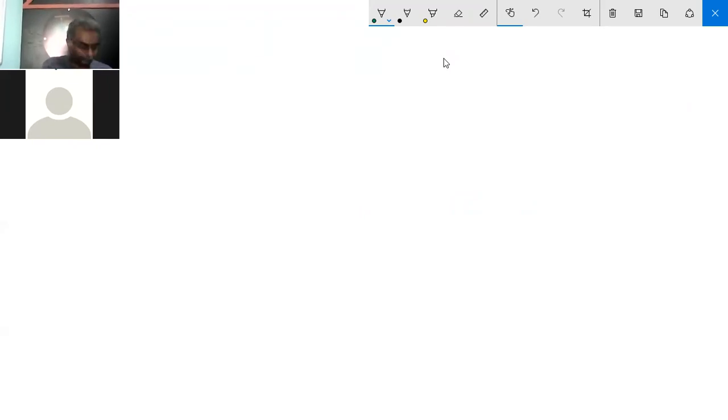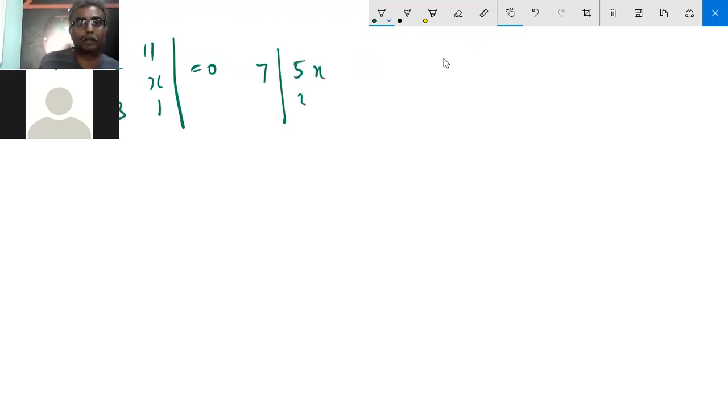Solve the determinant with rows 7, 4, 11; minus 3, 5 minus x, 3, 1 equal to 0. It was very simple, like you said. 7 into (5 minus x)(3, 1) minus 4 into minus 3x minus x... sorry, minus x 1.